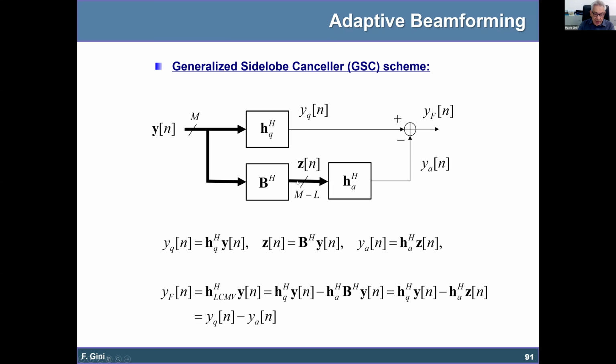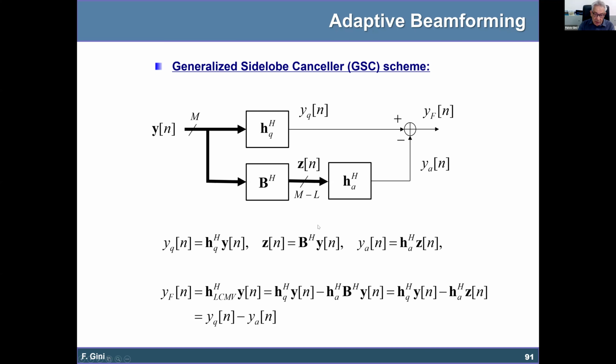So what is passed to the blocking matrix is only the interference. The interference is filtered by this adaptive beamformer and cancelled from the superior branch. So basically, the lower branch has the purpose to estimate the interference coming from angles different from the steering direction, or the direction for which we have put the distortionless constraint.